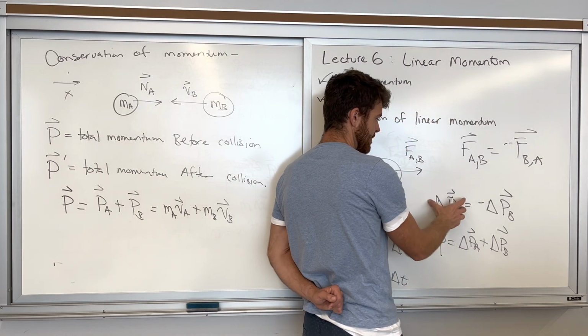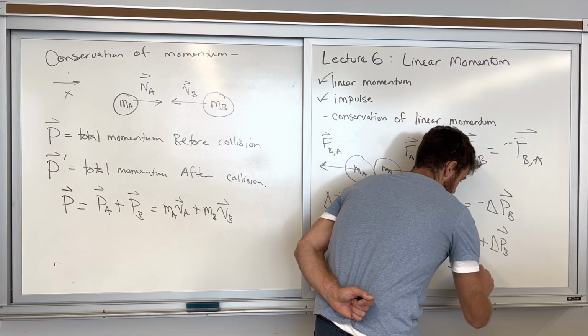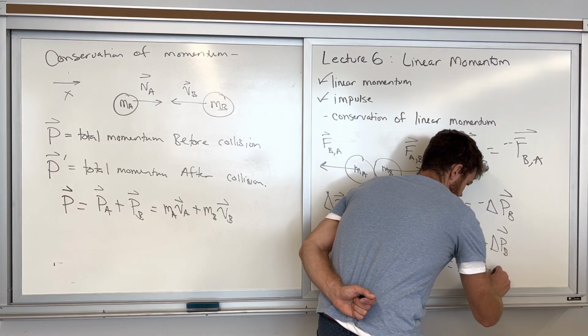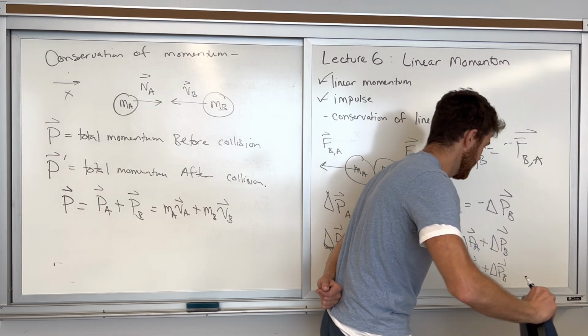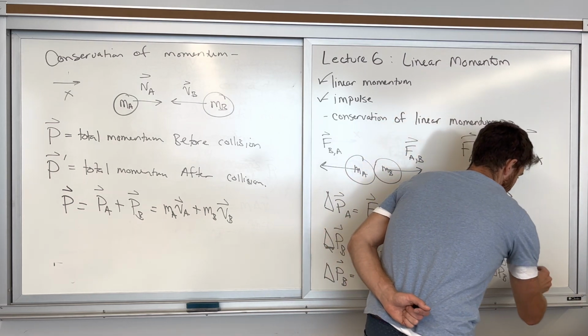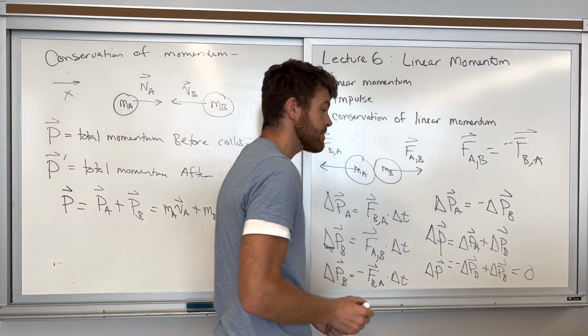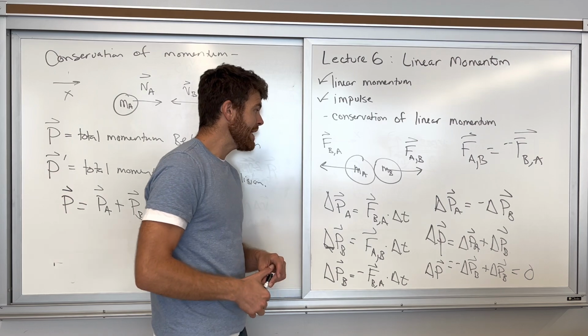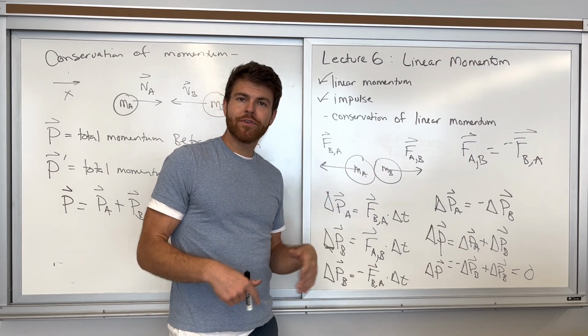But since the change in momentum of ball A is equal to the negative of the change in momentum of ball B, they cancel each other out. So the total change in momentum of the system is equal to 0. Why? Because both ball A and ball B exert equal and opposite impulses on each other.